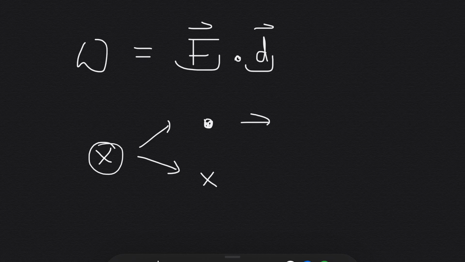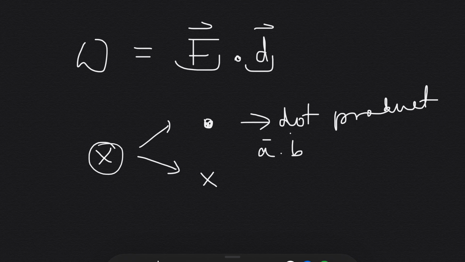But the dot product is defined as, if I have A dotted with B, the magnitude of A, which I'll just call A, times the magnitude of B, which I'll just call B, times the cosine of the angle between the two of them. So it's saying, how much of A and B are in the same direction, so to speak.